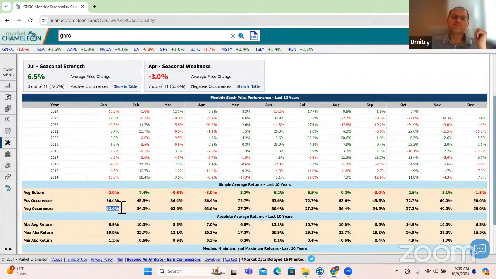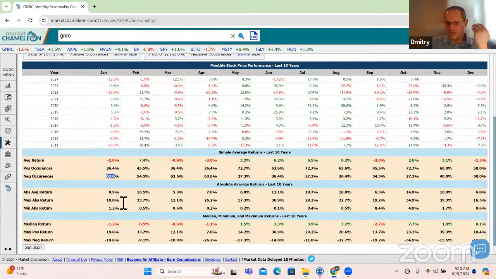You could see here 36% of the historical observations for the month of January were up versus almost 64% that were down. So the frequency of down moves exceeded the up moves as well. Those are two indicators that there is some negative impact historically in the month of January. But let's continue looking at our other stats, and then we'll come to October.